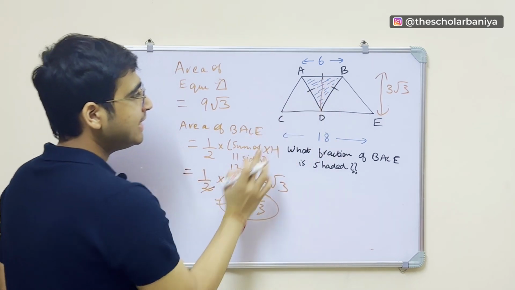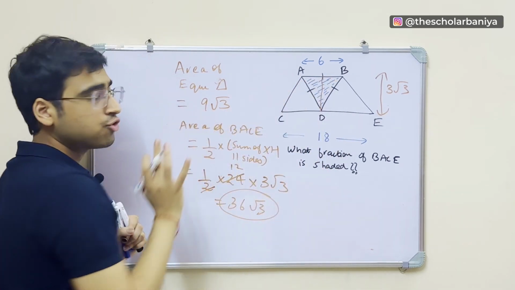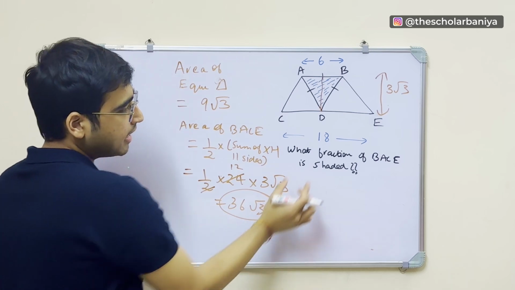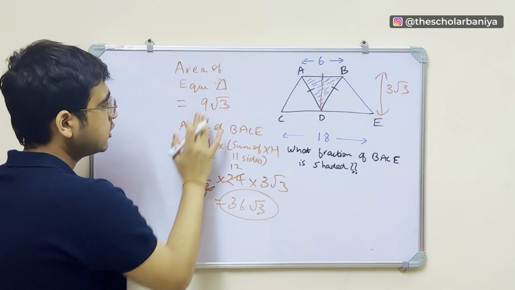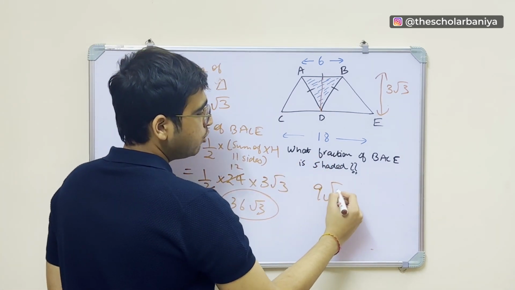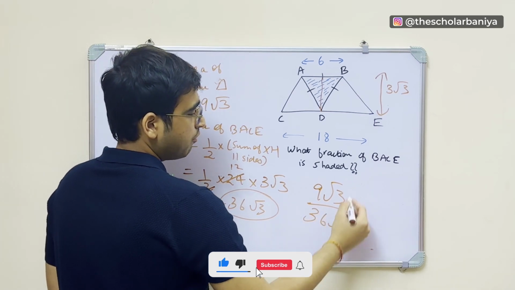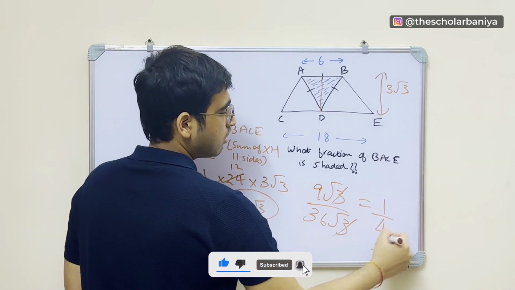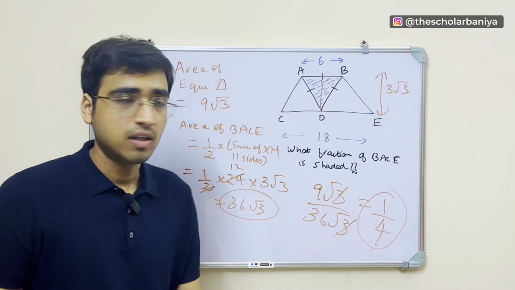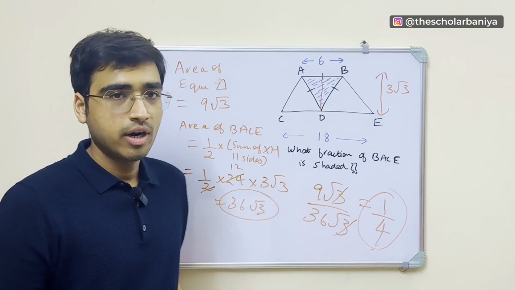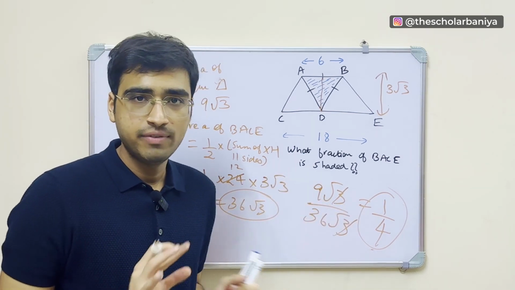The area of the equilateral triangle is 9 root 3, right? Now we want to find the fraction. So the fraction is 9 root 3 upon 36 root 3, which is 1 upon 4. So this becomes the final answer: the fraction is 1 by 4. I hope this is very clear.